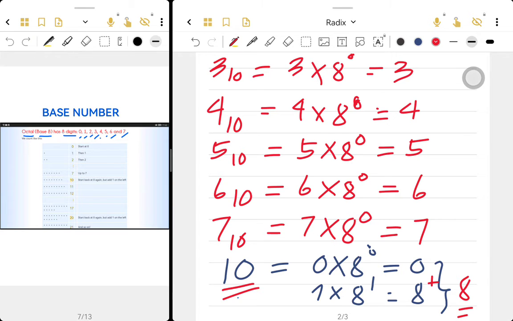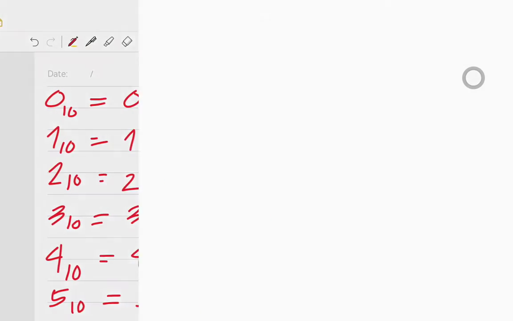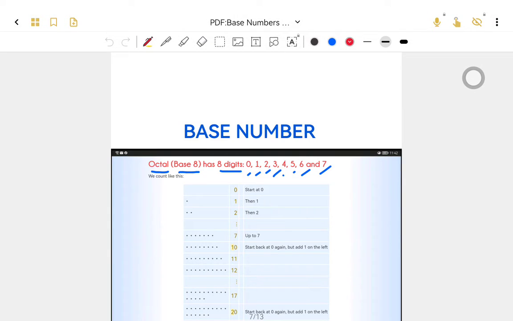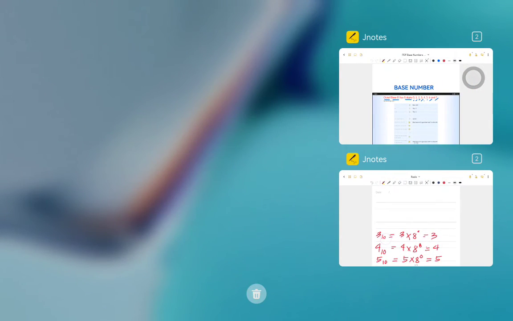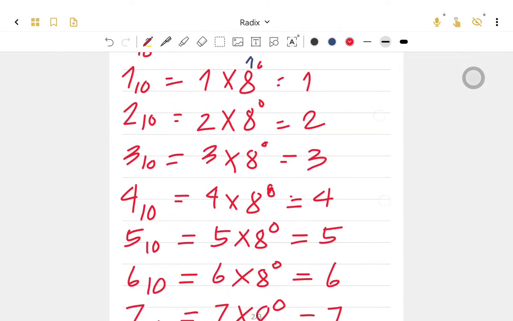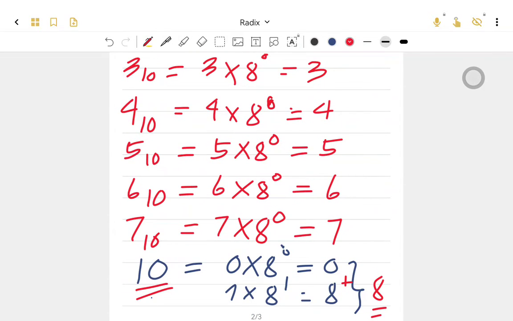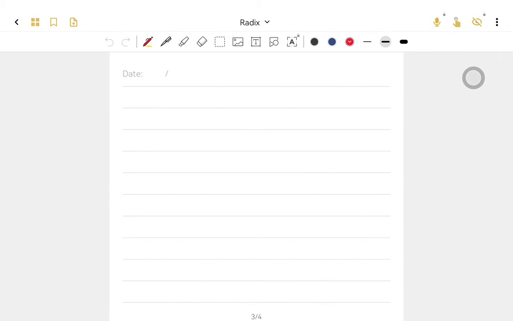Alright. So how to deal with that one? You have to remember that 8 with the base 10 is equal to 10 base 8.